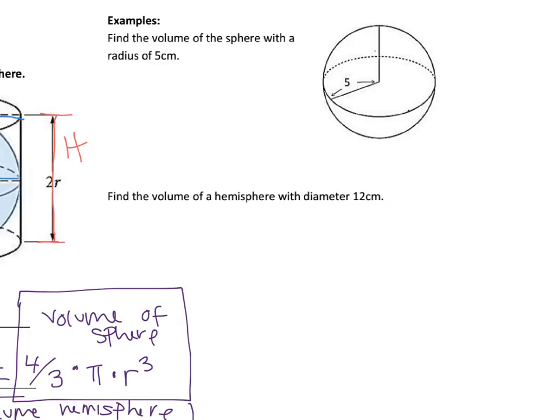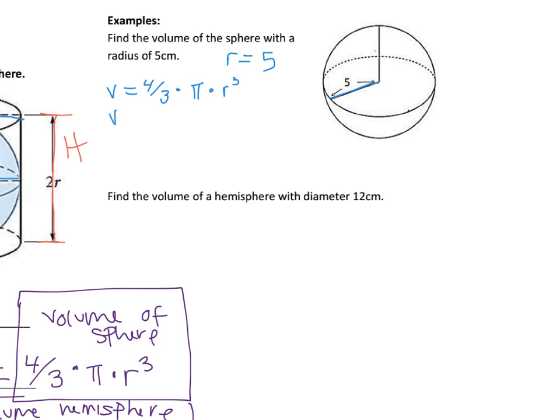All right, let's go ahead and do some examples. Find the volume of a sphere with a radius of 5. So right here, the radius equals 5. We're going to write out our equation. Volume equals, we got it right below us there, 4/3 times pi times the radius cubed.